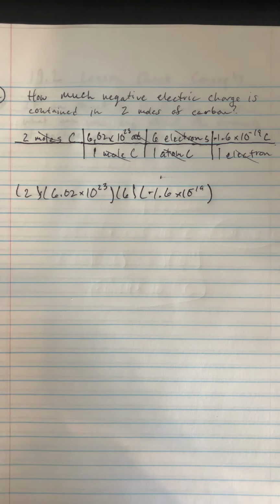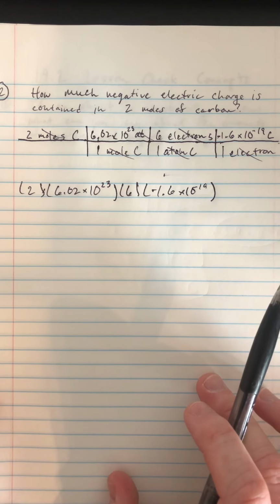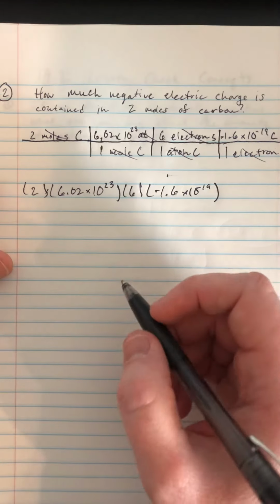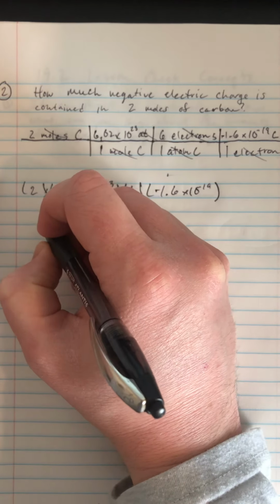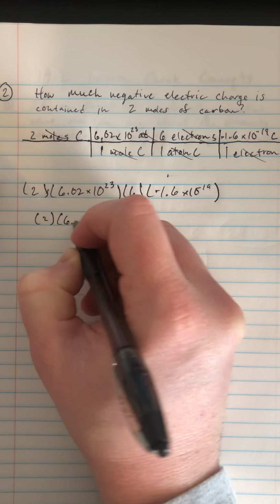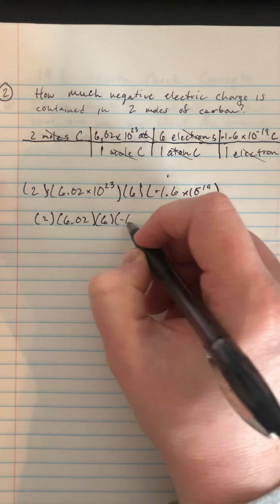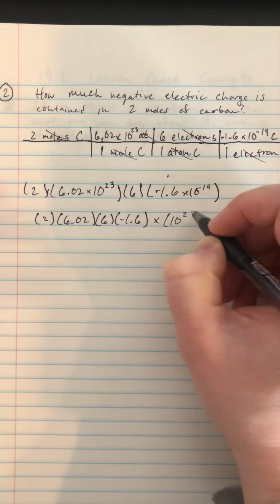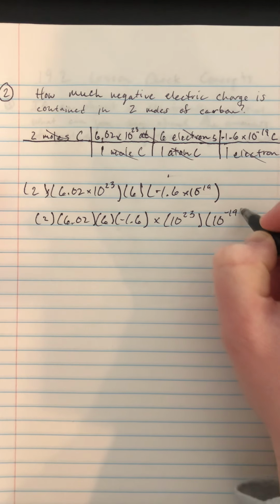And same thing that we did last time, right? If we have a graphing calculator, a scientific calculator that can multiply scientific notation, we can just plug all that in. If we don't, we can do it in pieces. I'm going to do it in pieces so that those of you that don't have scientific calculators can kind of follow along. So we'll take the starting numbers, 2 times 6.02 times 6 times negative 1.6 times 10 to the 23rd times 10 to the negative 19th.